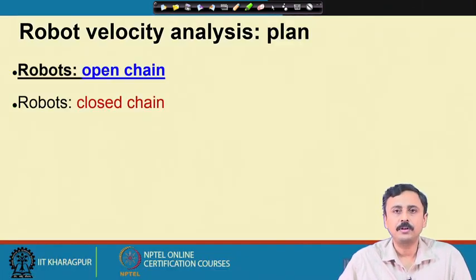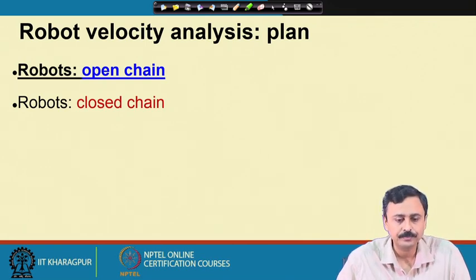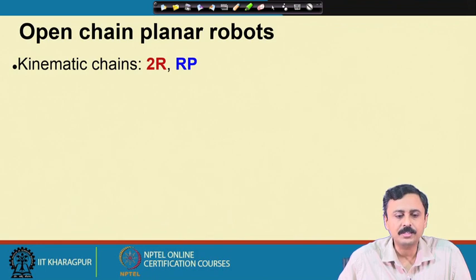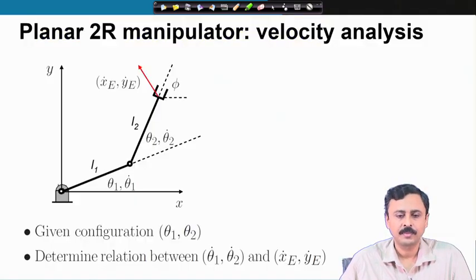So, our plan for velocity analysis is as follows. We are going to first discuss open chain robots. Subsequently, we are going to discuss closed chain robots, robotic manipulators. In this lecture, I am going to discuss two kinds of chains. One is 2R, the other is RP. So, this is a 2R planar manipulator.